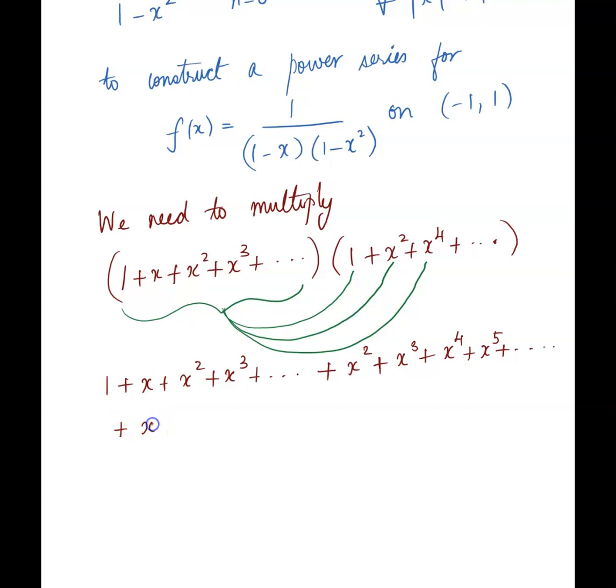The third one would be x power 4. It starts with x power 4 plus x power 5. And if you were to expand this to the next one, it will be x power 6 here, right? So it will be x power 6 plus x power 7. Right? You begin to see that.